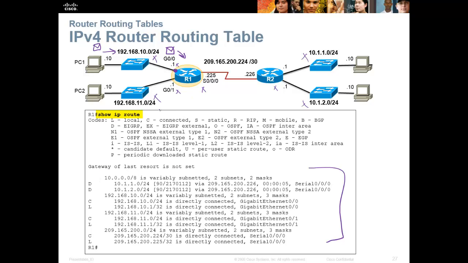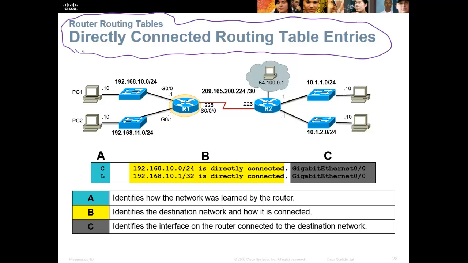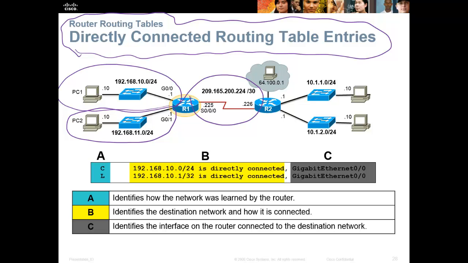Now we are going to examine the routing table of router 1. The routing table again has 2 types of routes. Routes for directly connected networks, which in this example means this network and this network.